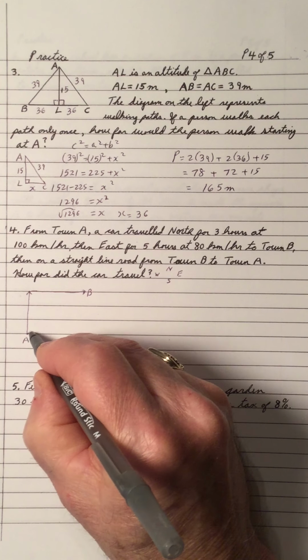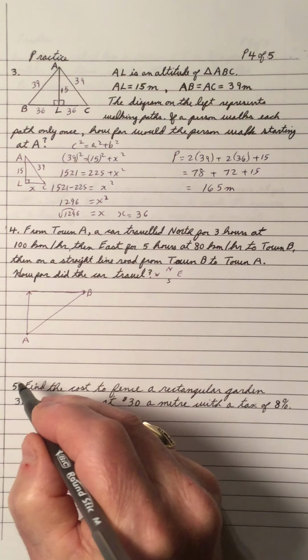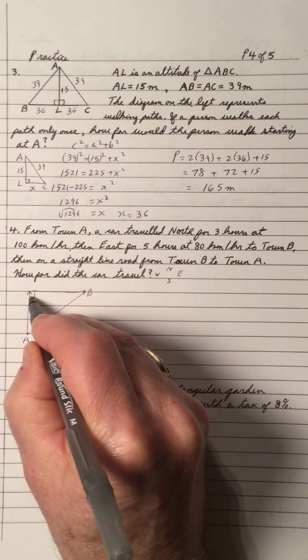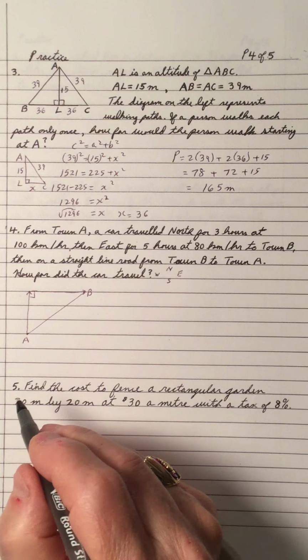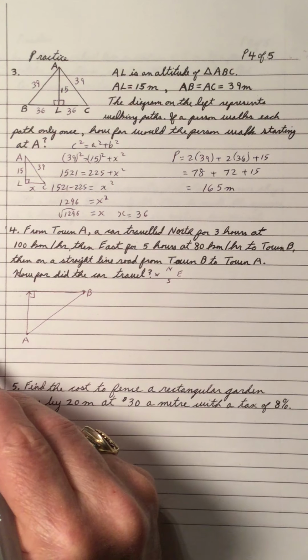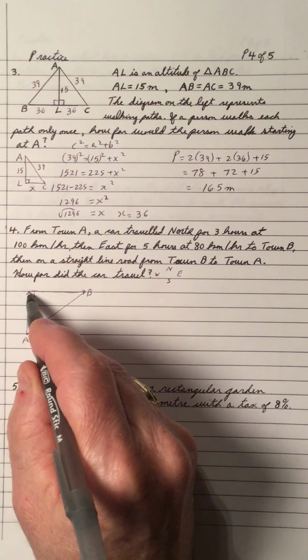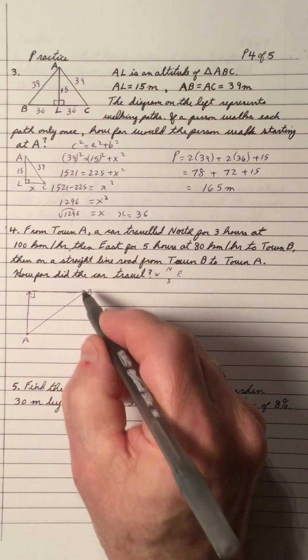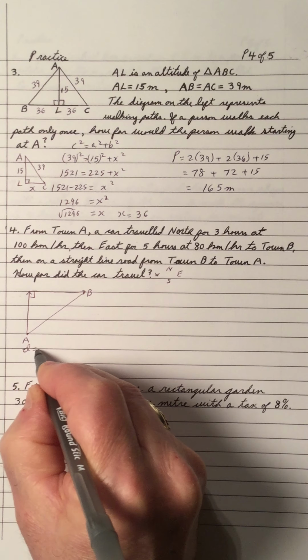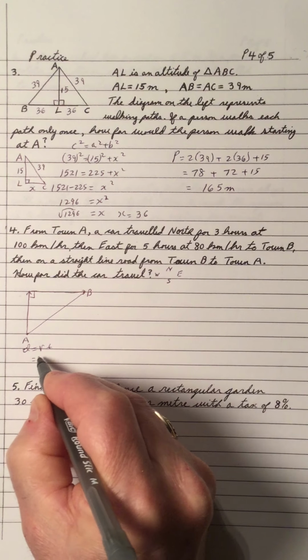And then there's a straight road from town A to town B. Because there's a north and an east direction, we have a right angle. And guess what? We have a Pythagorean property again. But we have to calculate how far you travel north and how far you travel east. So distance equals rate times time.